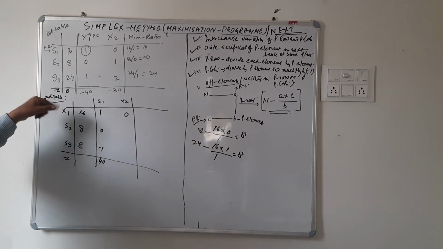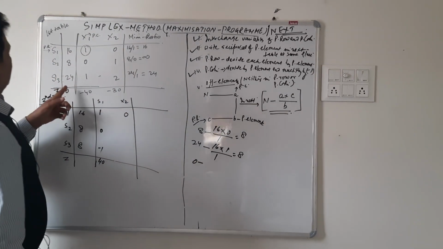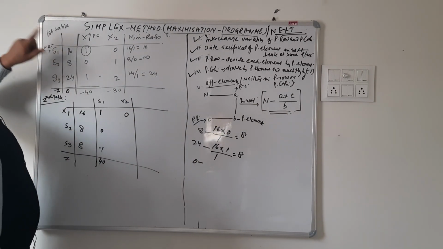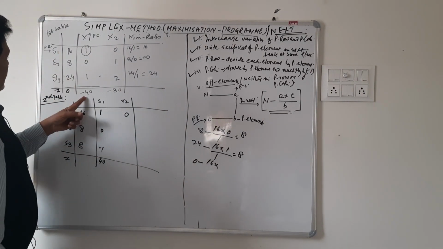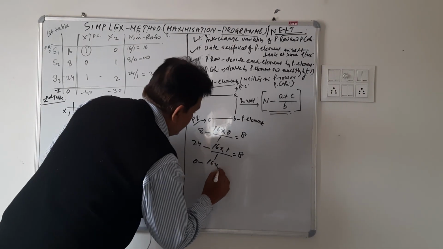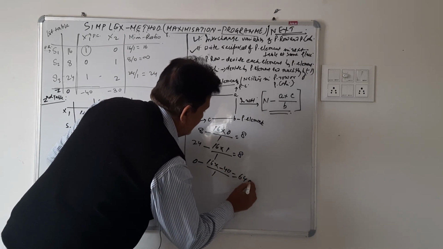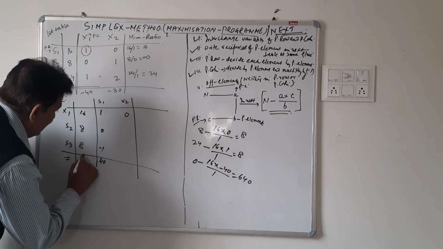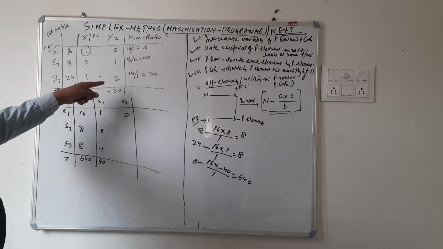Now let us see what happens to 0. 0 minus element in pivot row 16, into element in pivot column minus 40, and divided by pivot element, that is 640. So it is 640. Now these 1, 2, 3 elements.